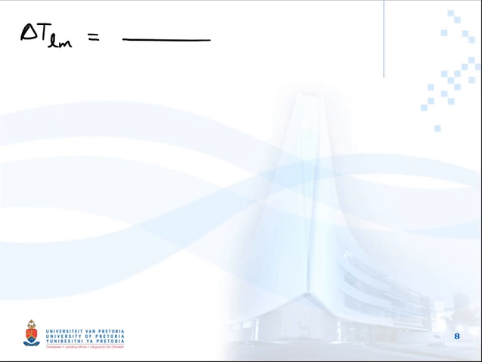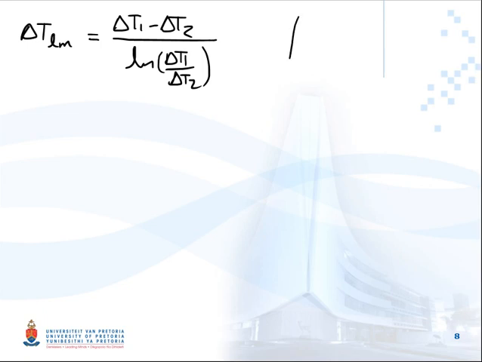In any case, it is delta T1 minus delta T2 divided by ln of delta T1 over delta T2. But what was the difference is that for different configurations, delta T1 and delta T2 are different. So we said that the best way of not making any mistake is using a very simple figure.